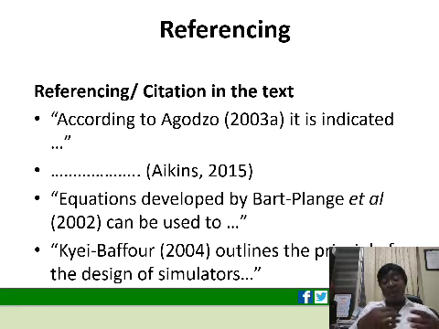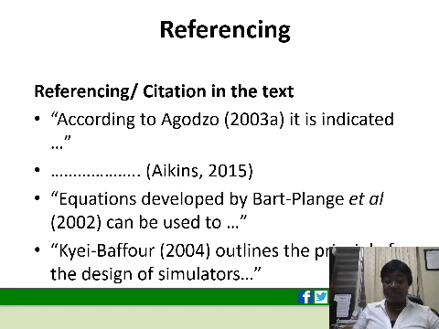You can also cite somebody's work by putting the statement and then the author's surname and the year in a bracket at the end of the statement, before your full stop, not after your full stop. And this is another example for citation in text: equations developed by Batplanch et al. (with the year in brackets) can be used to, then you complete your sentence. So these are examples of how you can do in-text referencing.